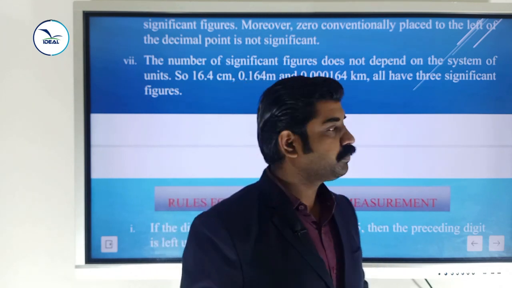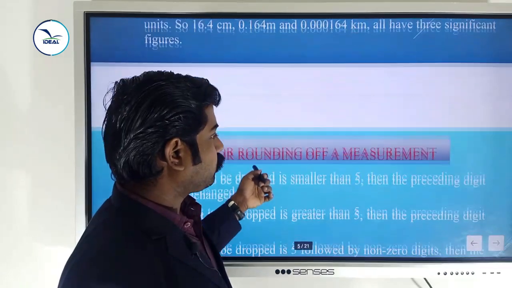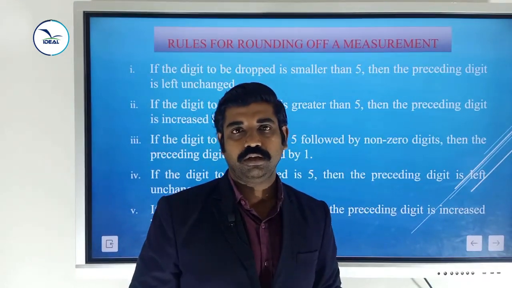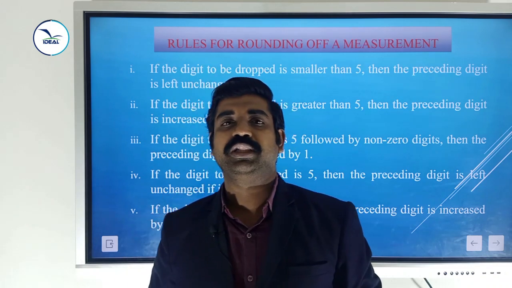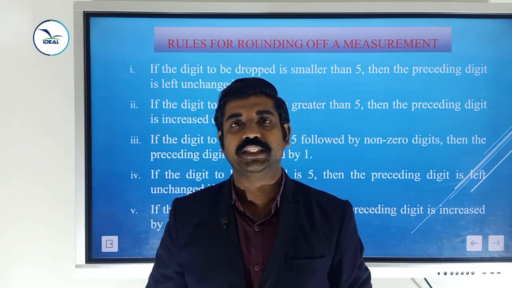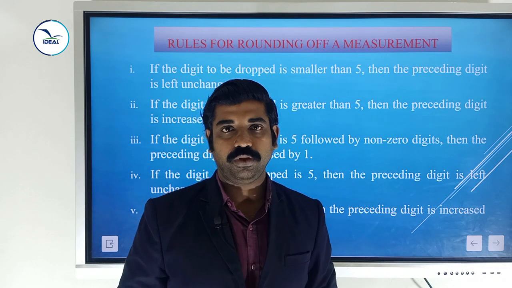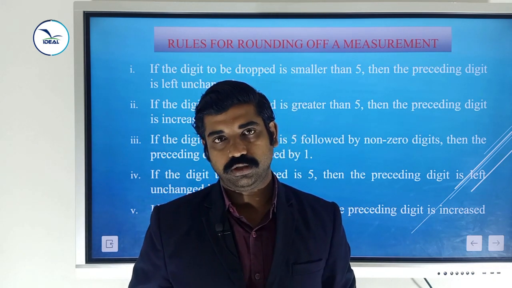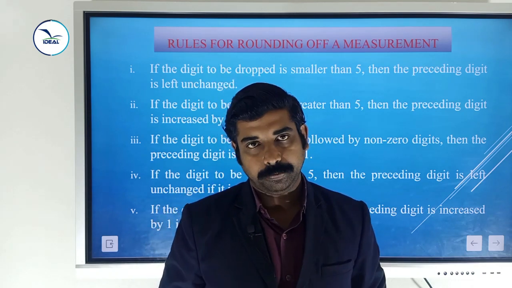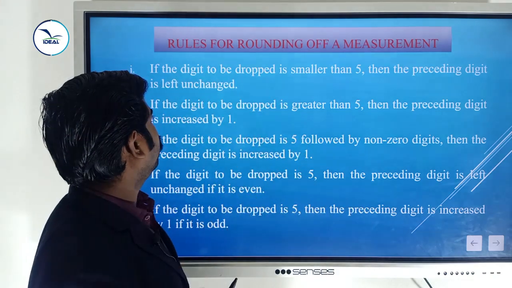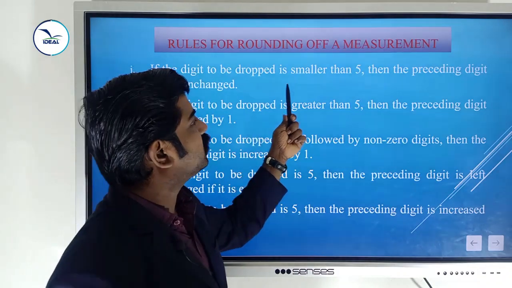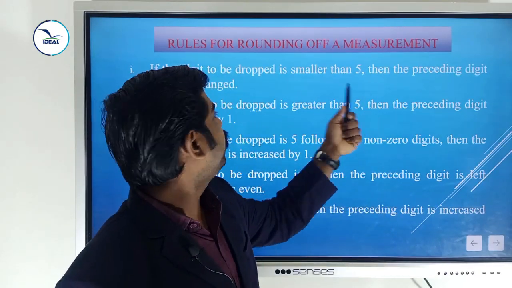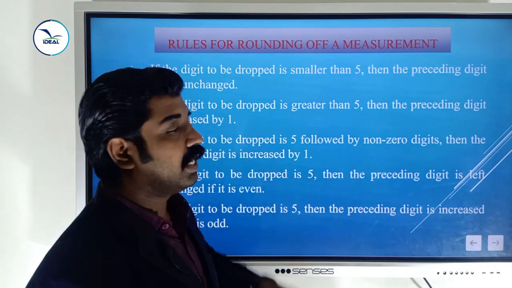Okay, clear? Then rules for rounding of measurements. Sometimes we want to round numbers after some decimal points. There are some rules for that. The first one: if the digit to be rounded is smaller than 5, then the preceding digit is left unchanged.